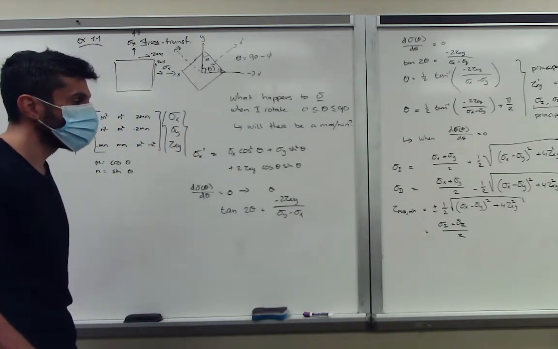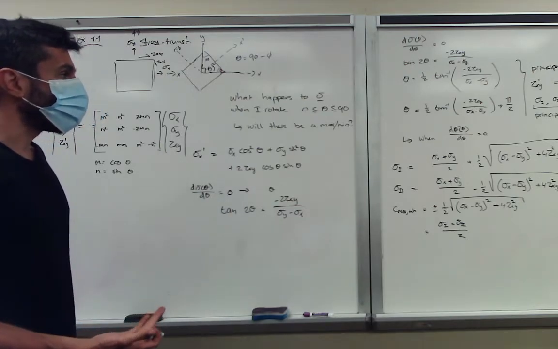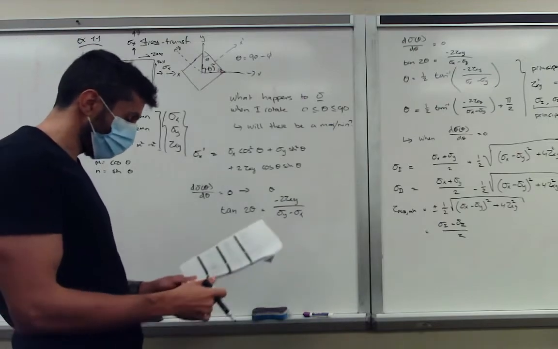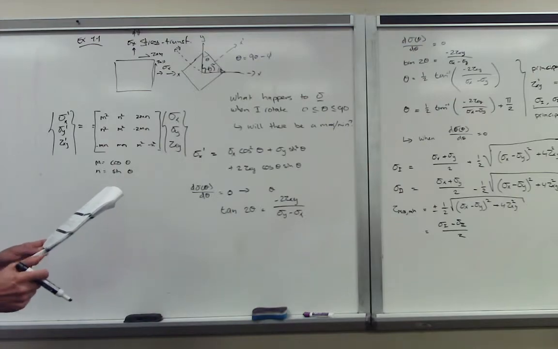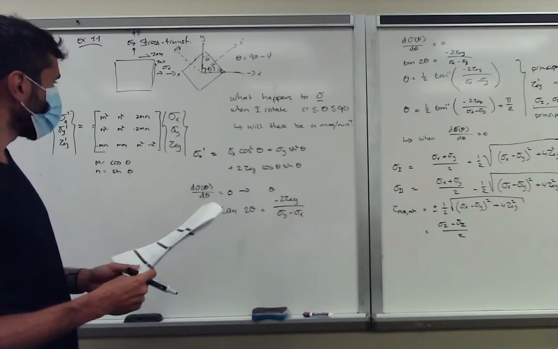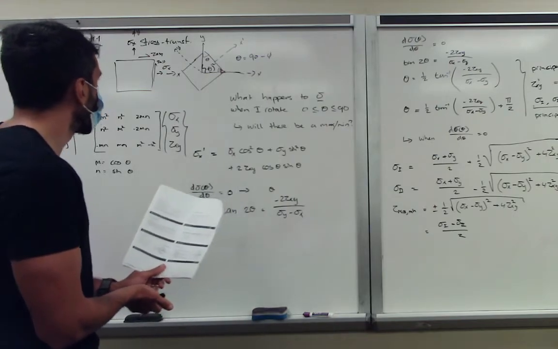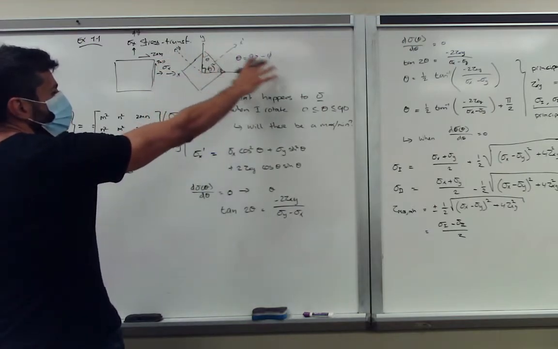So we can change the angle in such a way that we get rid of our shear stresses, or we can maximize it at a location. And what we also notice is that we have three angles: tau x, sigma 1, sigma 2.